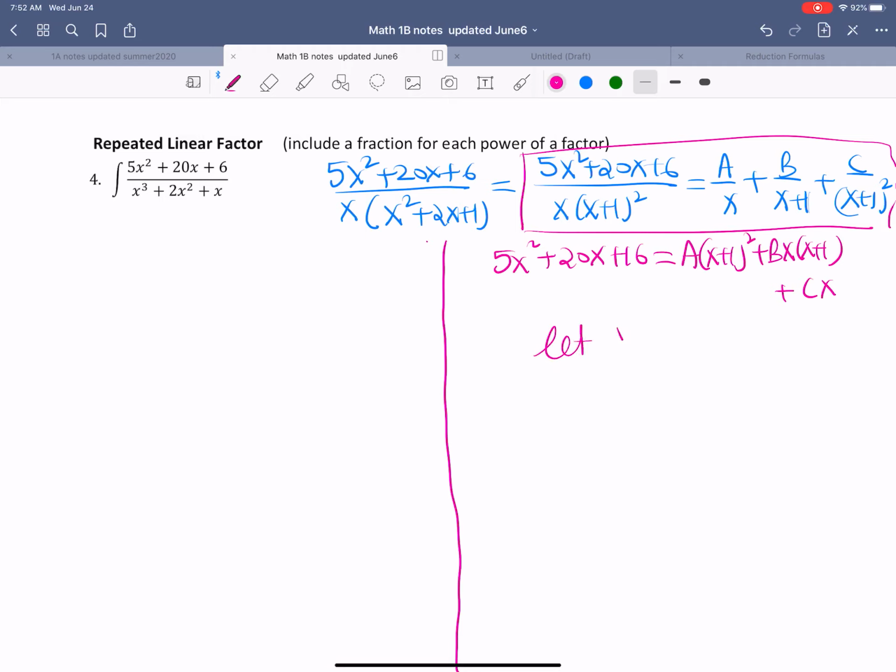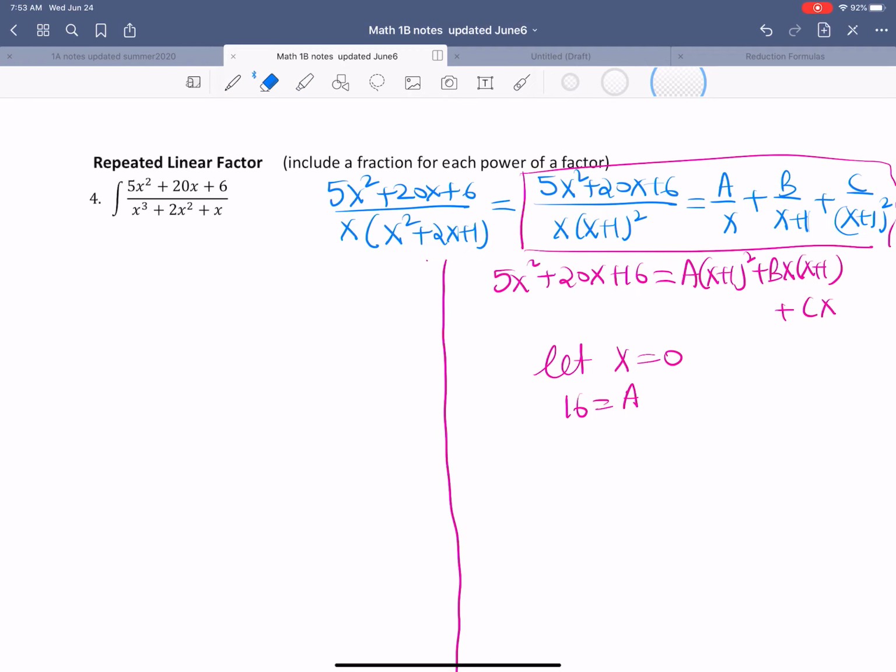Let x be 0. Oh, my bad. This is not 16, this is 6. So when x is 0, 6 is equal to a.